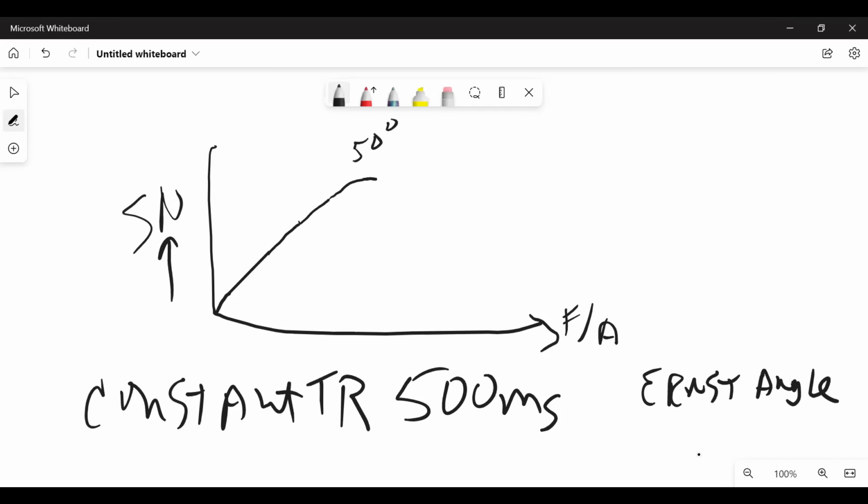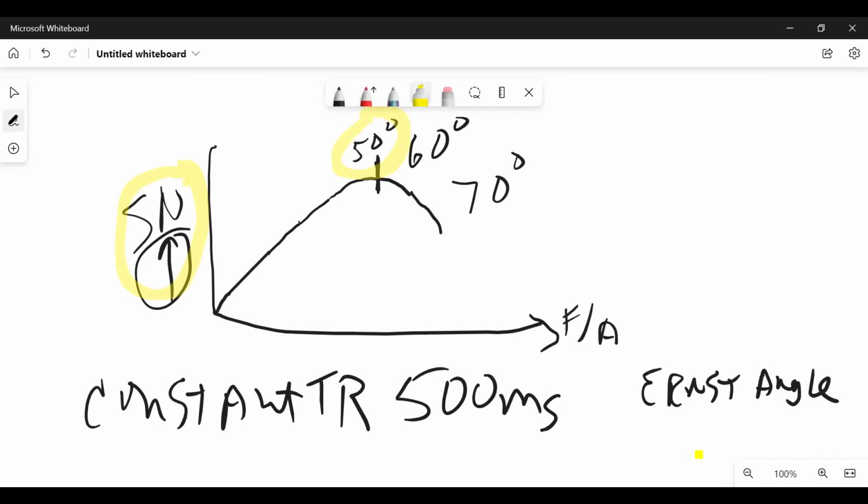Let's just say this is 50 degrees right here. If you go up to 60, what happens is your signal starts to drop. And then 70, it keeps on going. Do you see a pattern here? So for example, for a given tissue, 50 degrees is your Ernst angle. Signal to noise increases as flip angle increases to a certain point.